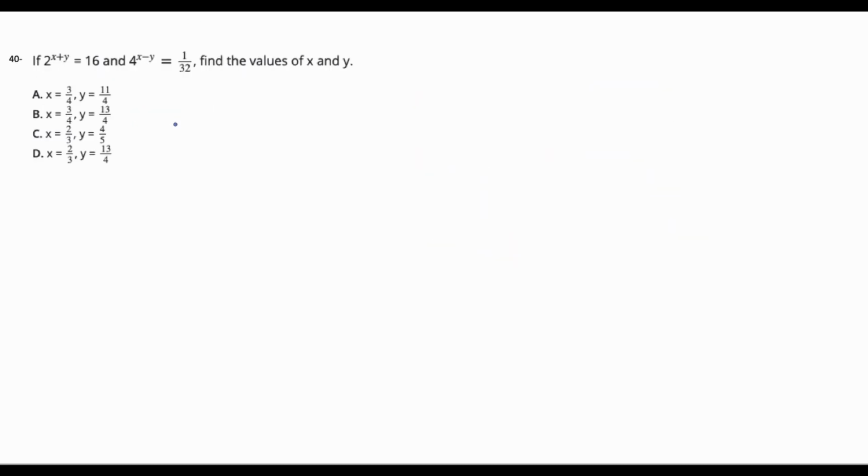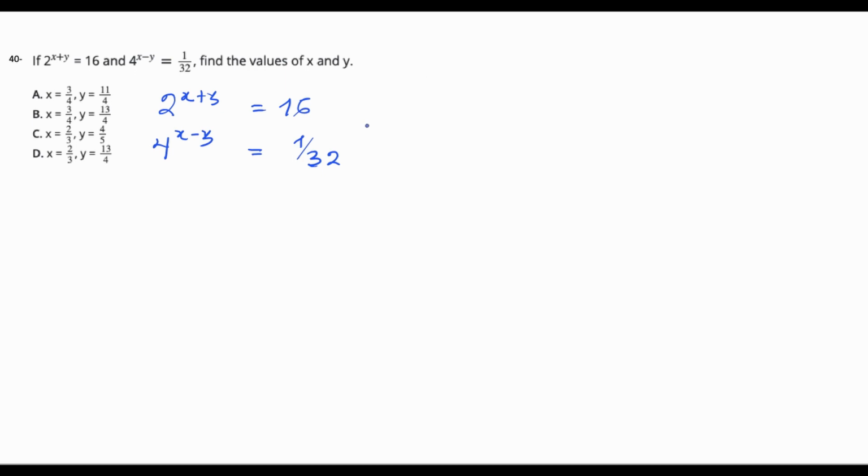Question 40 says, if 2 raised to the power x plus y equals 16 and 4 raised to the power x minus y equals 1 over 32, find the values of x and y.